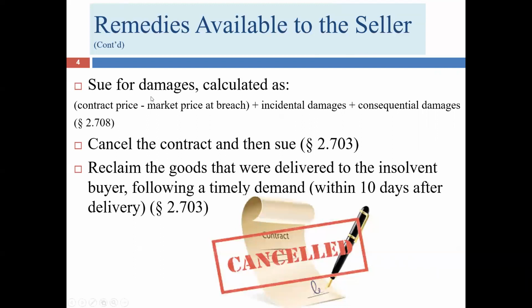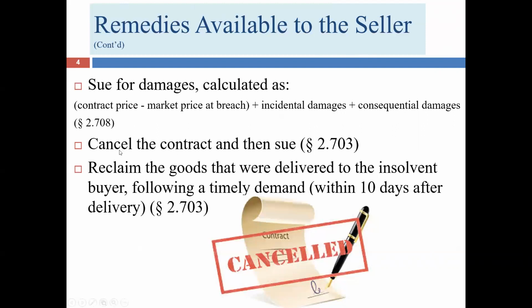So this subtraction problem is likely to be a positive number, plus any incidental damages that the seller had to bear, maybe advertising costs associated with letting the marketplace know that he or she is selling these items, and then any consequential damages that perhaps result from the breach that the defendant had.